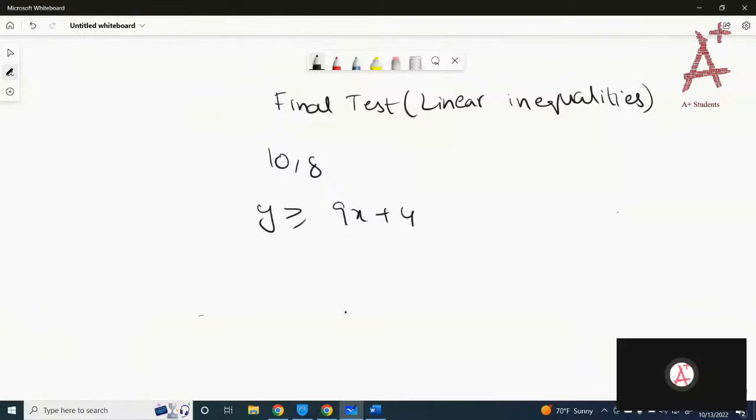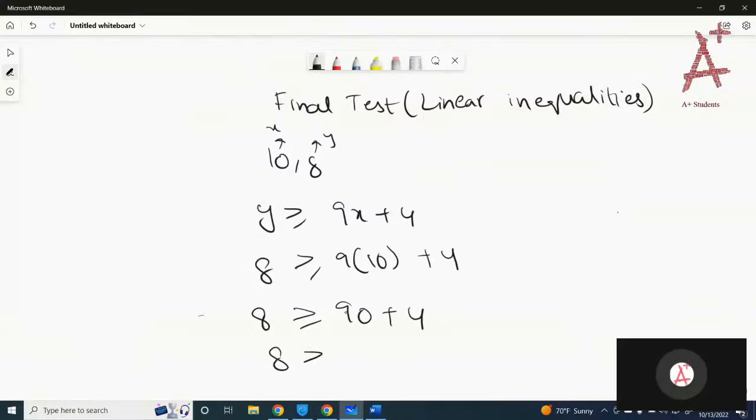Just put the point in the equation. This is x value and this is y value. So y is 8, 9 times 10 and plus 4. 8 is greater than equal to 10 times 9 is 90, and 90 plus 4 is 94. Is 8 greater than 94, yes or no?